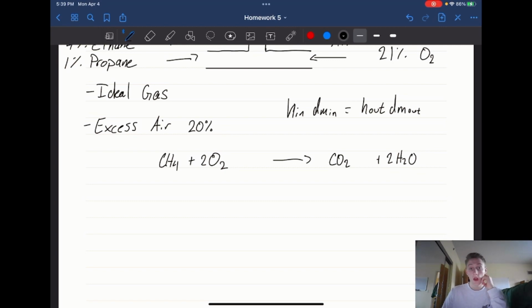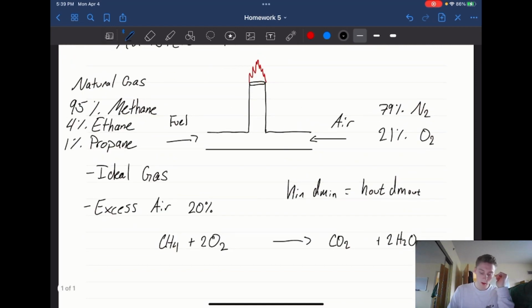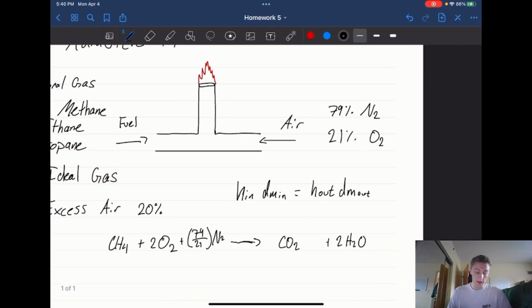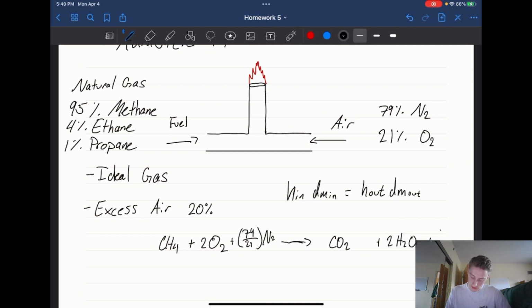But if you remember up here, our air is 79% N2 and 21% O2. So we're going to have to add onto that: with that oxygen is nitrogen, basically just along for the ride. So 79 over 21 N2, and then on the other side as well, plus 79 over 21 N2.